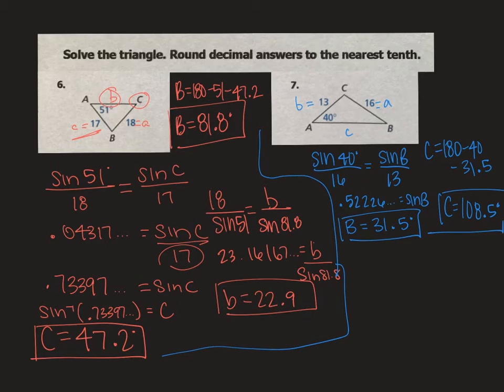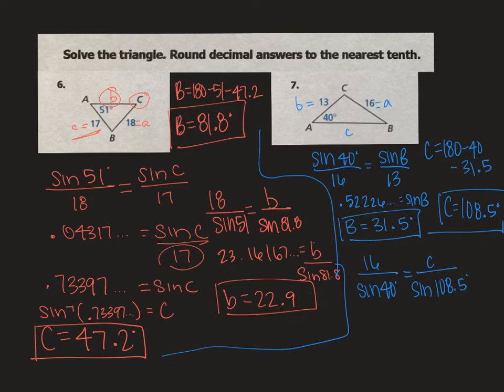So again, I'm going to use my given information, and since I'm finding a side length, instead of doing sine of 40 over 16, I'm going to do 16 over the sine of 40, which is going to equal that side C that I need over the sine of 108.5.